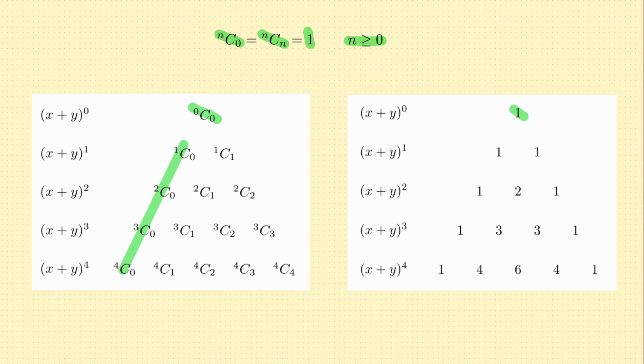They correspond to the cases n choose 0 where n is greater than 0, and we can see that they are all 1. And then down this diagonal, we have 1 choose 1, 2 choose 2, 3 choose 3, 4 choose 4. They correspond to the cases n choose n, where n is greater than 0, and we can see that they are all 1, as we have already shown algebraically.